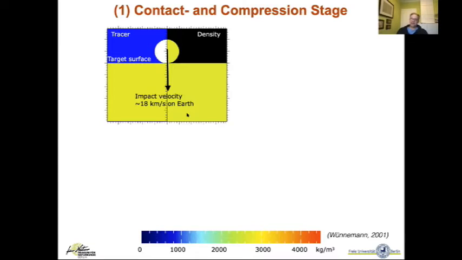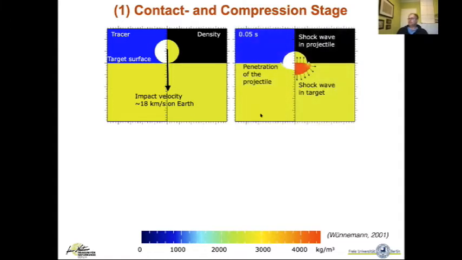Other planets, the further away from the Sun, the smaller usually the average impact velocity. I'm saying average. You can have smaller ones. The smallest velocity is close to the escape velocity. The highest velocities tend to be in the Earth-Moon system, 40-50 kilometers per second, if I'm not mistaken.